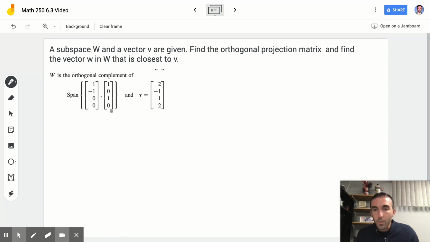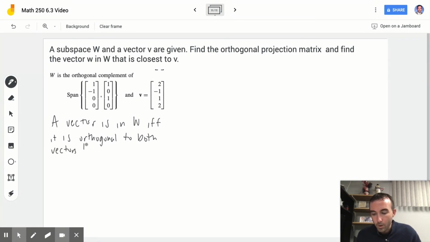So to get started finding what we need, we can start by saying a vector is in W if and only if it is orthogonal to both vectors in the given set, just like our example from before.